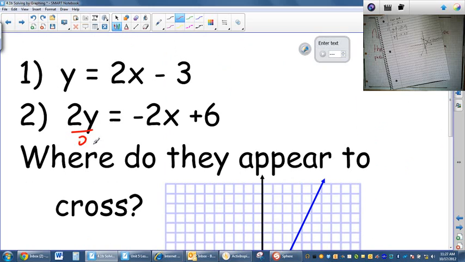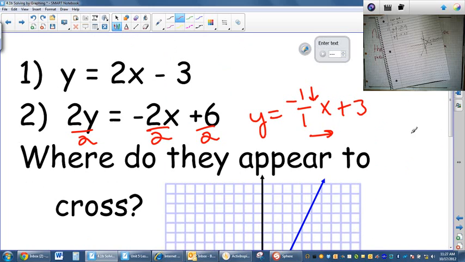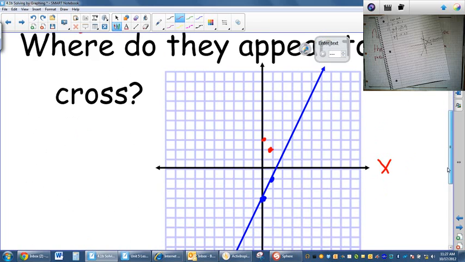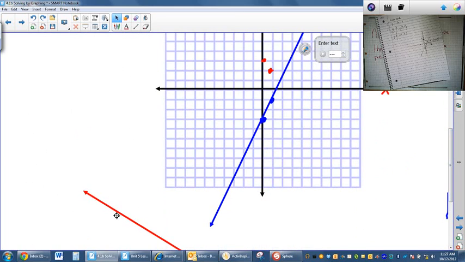Let's divide everything by 2. So we get y equals negative 1 over 1x plus 3. I wrote it like this, so I know that goes down 1, right 1. So I start at positive 3, 1, 2, 3. I go down 1, right 1. And then all I do is get a line that connects those 2 points.